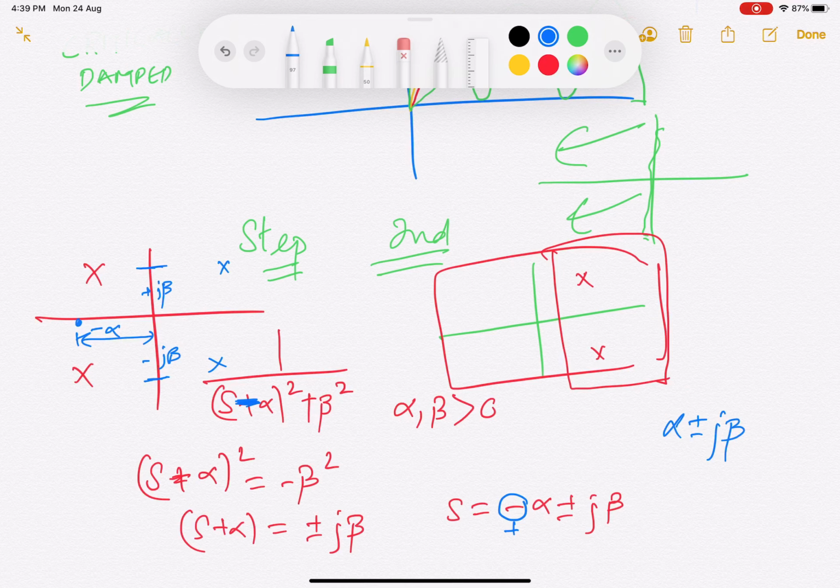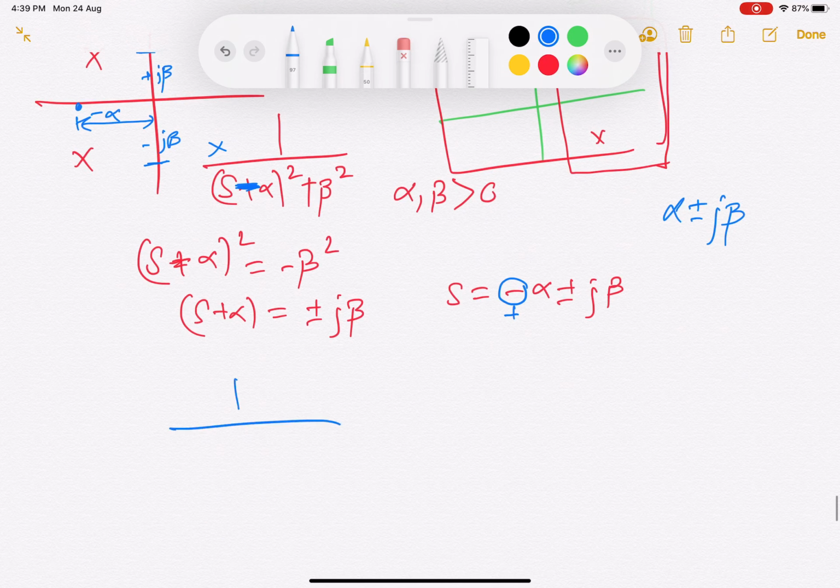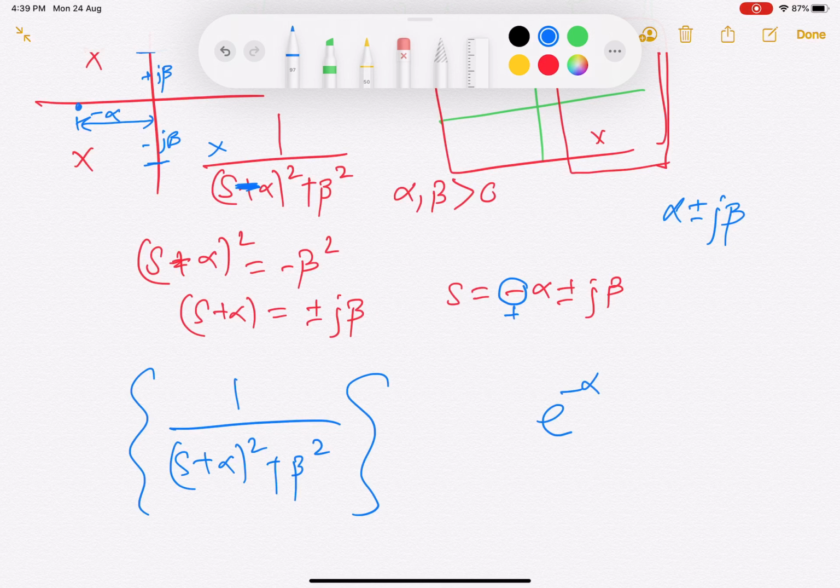The Laplace inverse of 1 upon s plus alpha whole square plus beta square, terms of this form, is e to the power minus alpha t, either cos beta t or sin beta t. So I'll write cos beta t plus phi. So the responses are of this form.